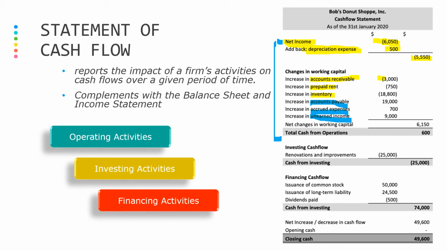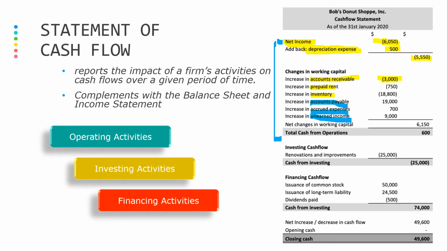So this is a negative, or it is a deduction from the cash flow. So it is an outflow. Same with the prepaid rent. Prepaid rent is also a cash outflow for the company since the company has paid advances for its rent. Next is the inventory.